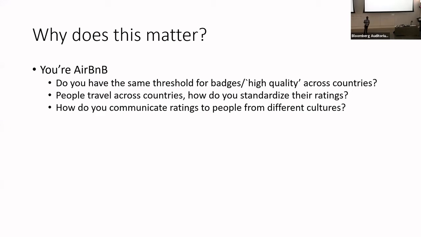Or is it ratings inflation, because of the rise of Uber and 5 stars becoming the norm in the United States, so people's measurement and mapping just changed over time?